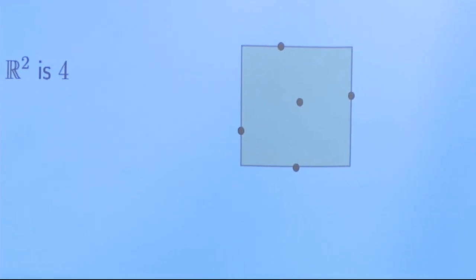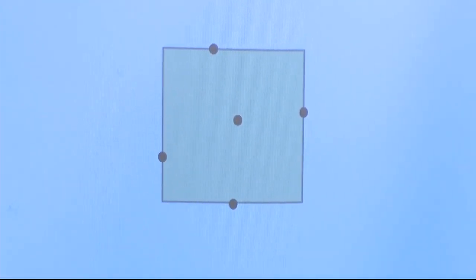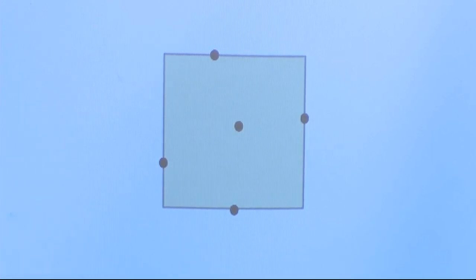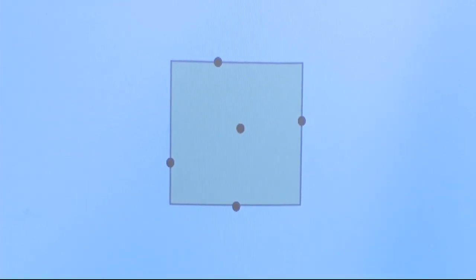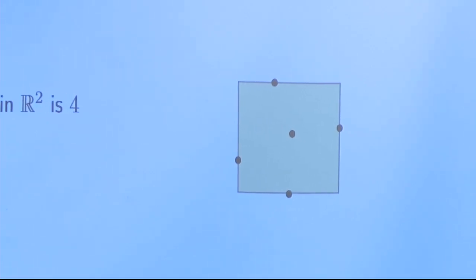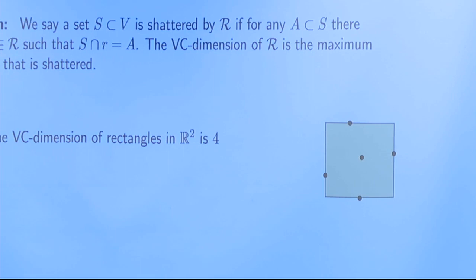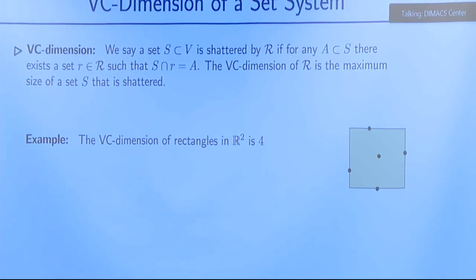This point could be somewhere on the edge, but there will always be a point that you cannot exclude from the set. So you cannot describe every subset. That proves the VC dimension is at most 4. It cannot be 5, and then you still have to show that you can always shatter 4 points, but I leave that as a simple exercise.